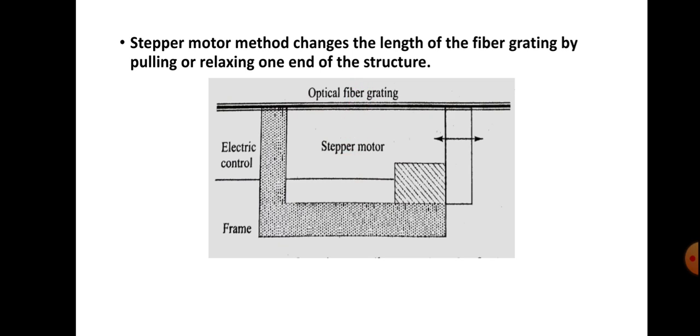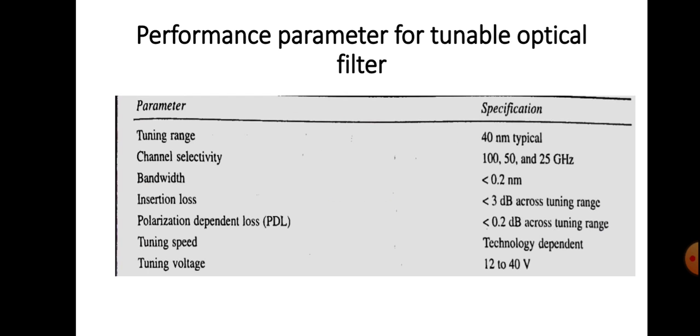So this is all about the tunable optical filters. Actually, we use the fiber Bragg grating structure to obtain tunable filters in the case of WDM techniques. So it is also an important component in the case of WDM or dense WDM structures. Here is a comparison of performance parameters of the tunable optical fiber filter.